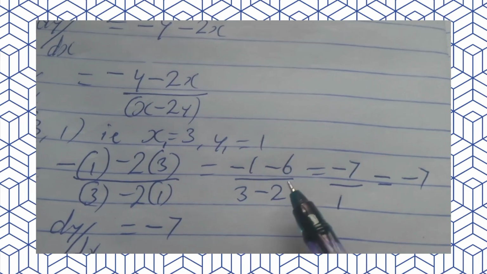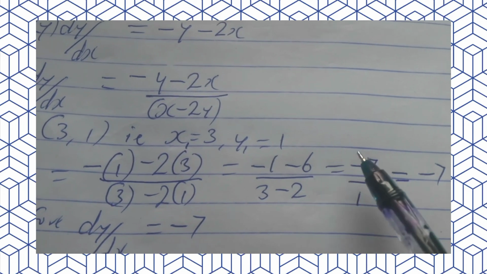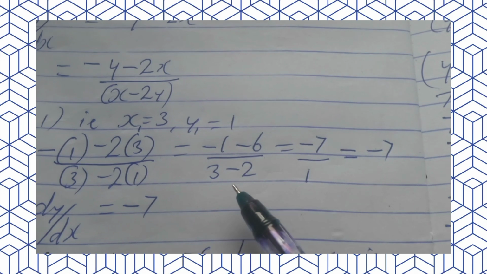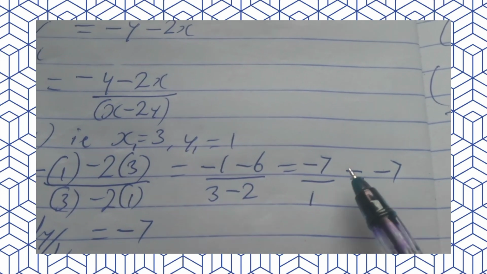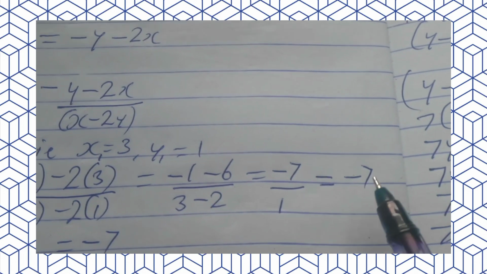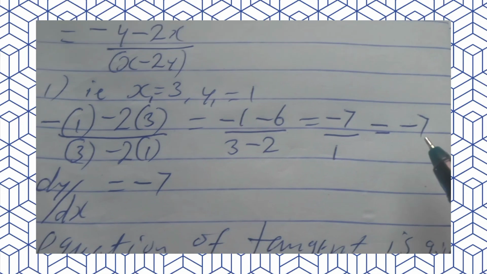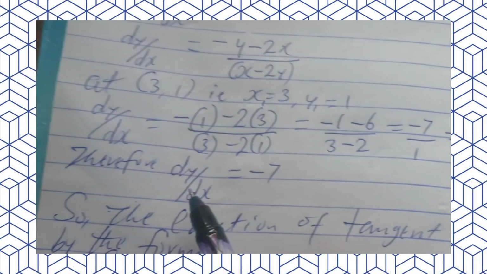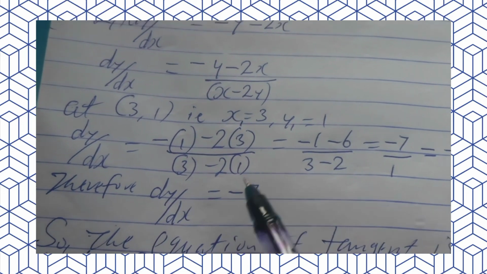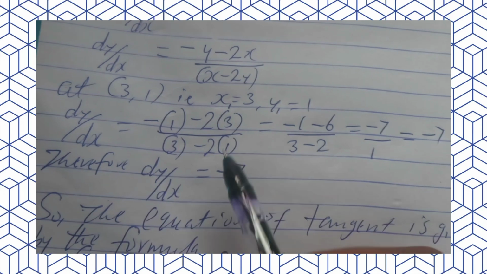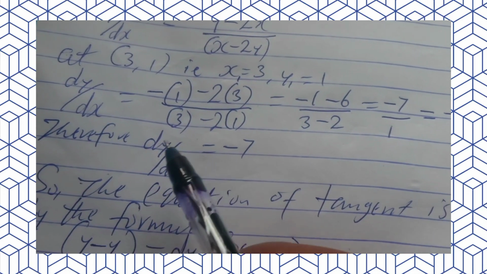So minus 1 minus 6 gives us minus 7, and 3 minus 2 gives us 1. So minus 7 all over 1 equals minus 7. Therefore our dy/dx, which is our gradient, equals minus 7.